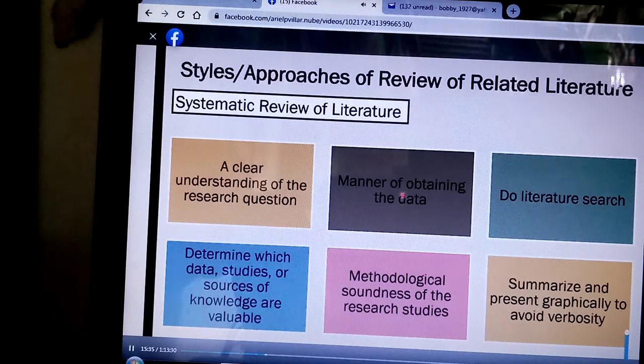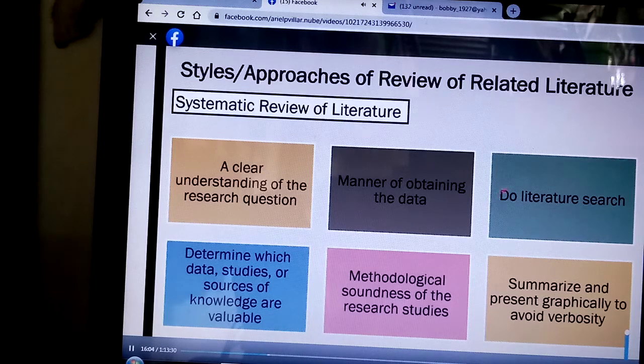So it's easier to obtain data already because we have access with the internet, yung ating mga database sa mga library. If you can have the password for a certain university library like the Miguel de Benavides Library in UST or sa Ateneo Library, may mga database yun. So you can obtain a lot of data, a lot of sources from there. Or pwede pa rin, you can visit the library itself, no?